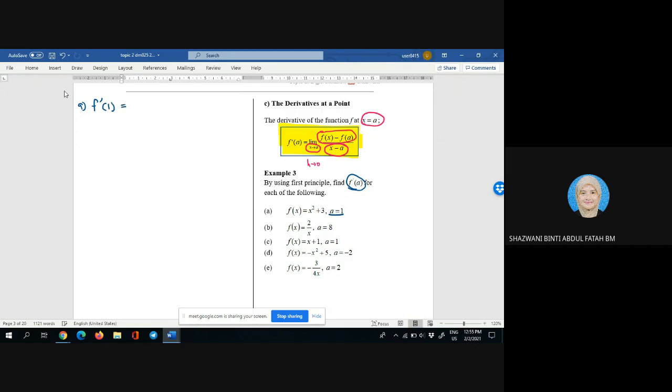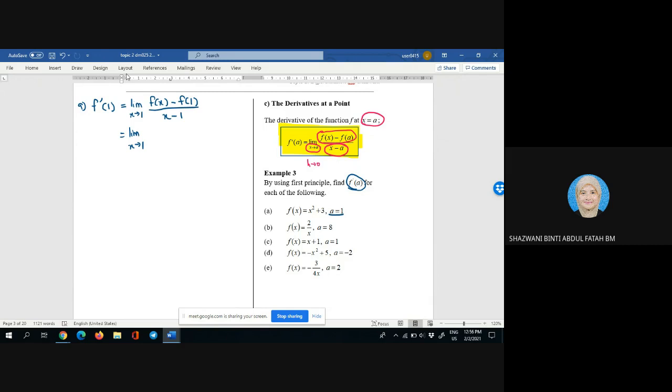You start by writing the formula: limit as x approaches 1 of f(x) minus f(1) over x minus 1. You need to write this down throughout the solution, throughout the steps.